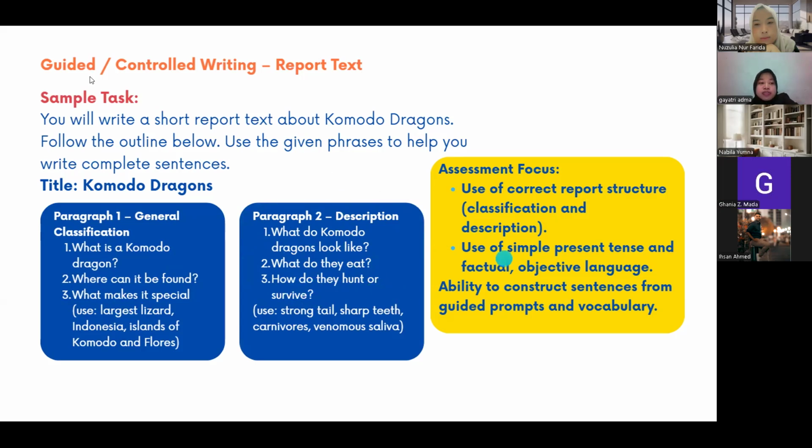And the assessment focus is, we expect that our students can use the correct report structure, general classification and also description, and then our students can use simple present tense and factual and also objective language, and it's to assess our students' ability to construct sentences from guided prompts and also some vocabulary that we gave to our students.